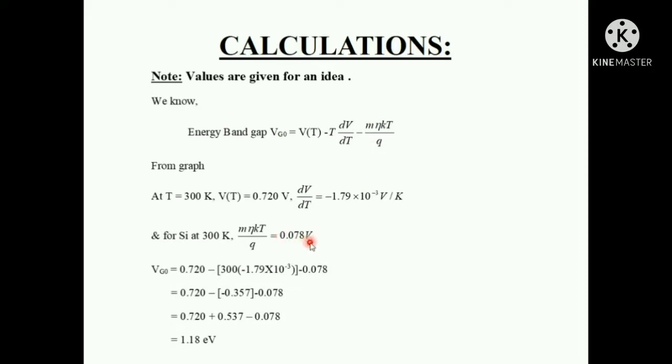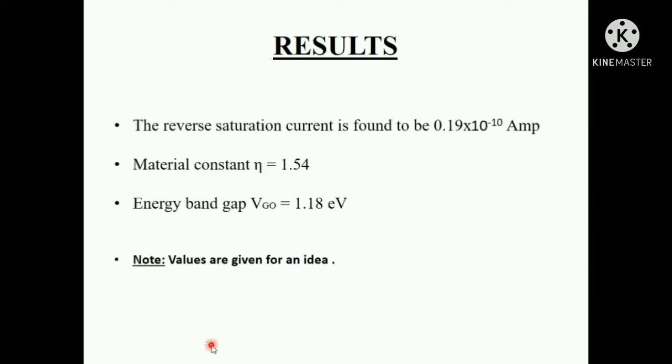So in this part, for silicon at 300 Kelvin we substitute this value and then we can calculate the VGO. All these values which have been shown here, they are just for the reference and for an idea. You should take your own readings.